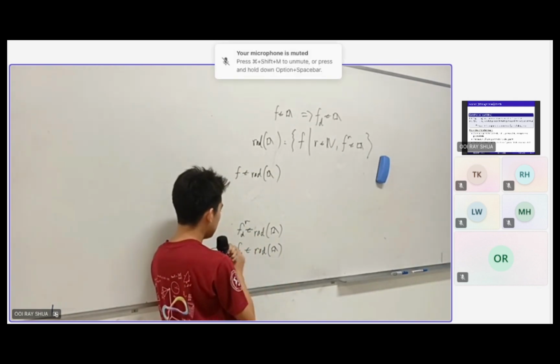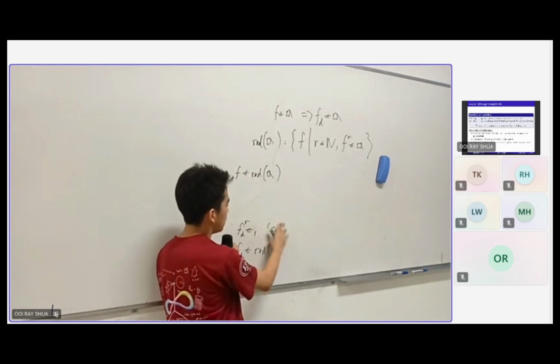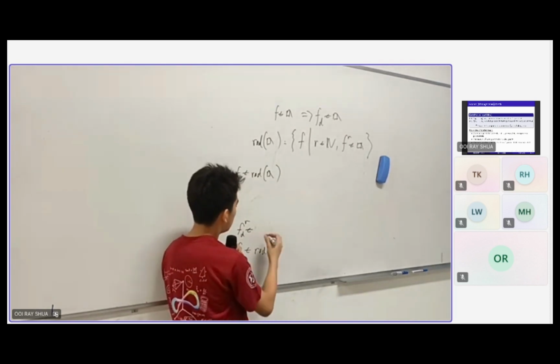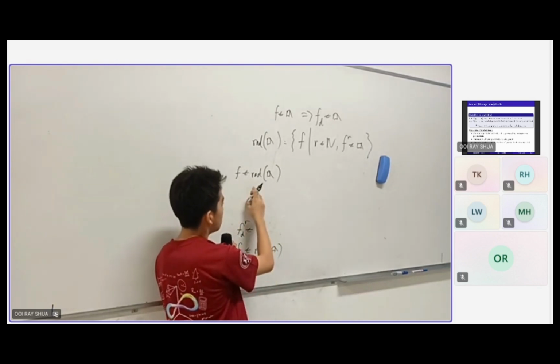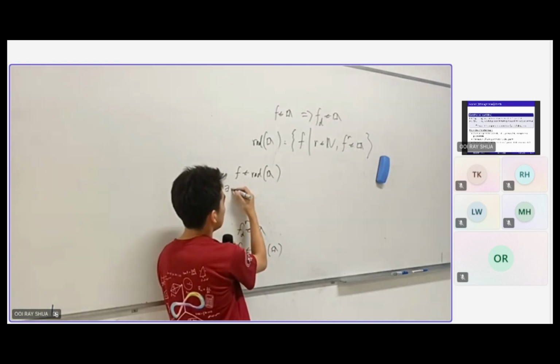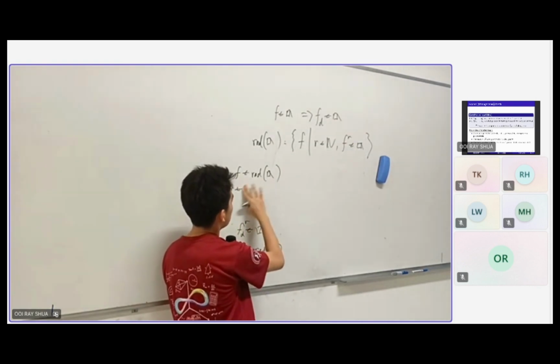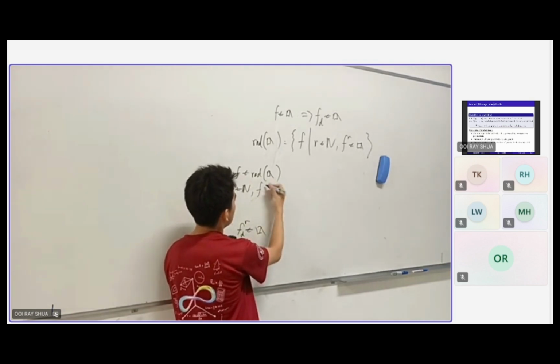So that implies that some f^r should be in A. And then you try the other direction also. So if f is in the radical of A, then there exists such an r with f^r in A.